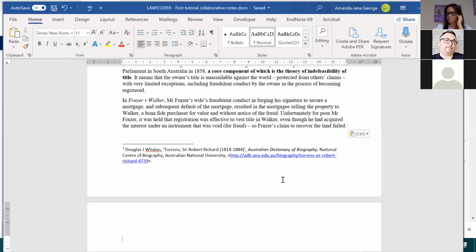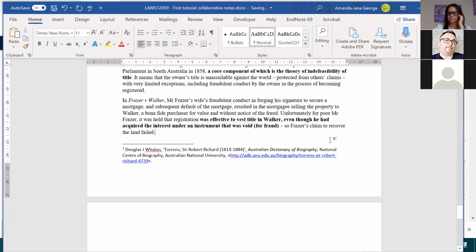Yes. So, unfortunately, it was held that registration was effective to vest title, even though he had acquired the interest under an instrument that was void for fraud. So that was the British case, which was then followed in Brescavar and Wall. Anyone remember the facts of Brescavar and Wall?